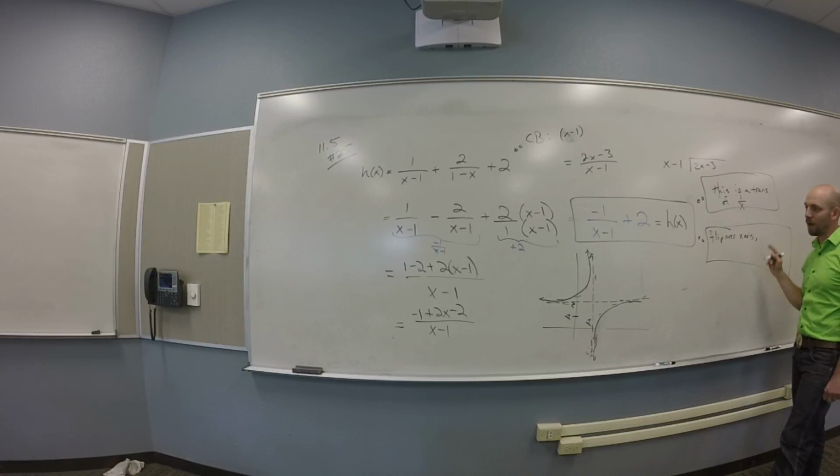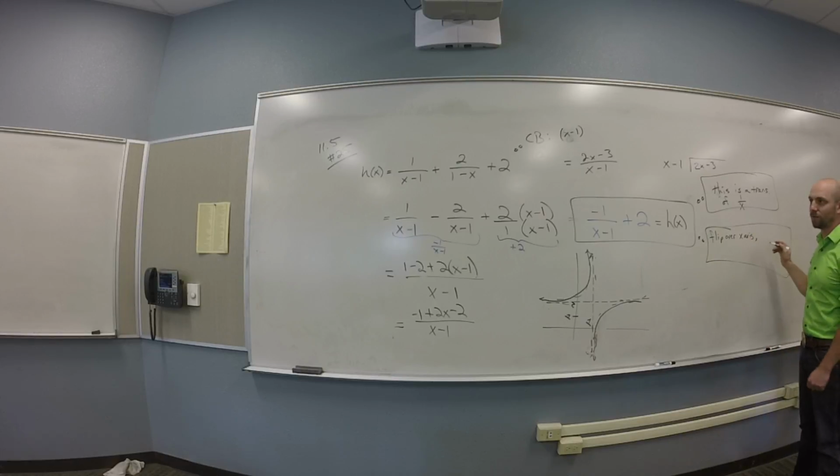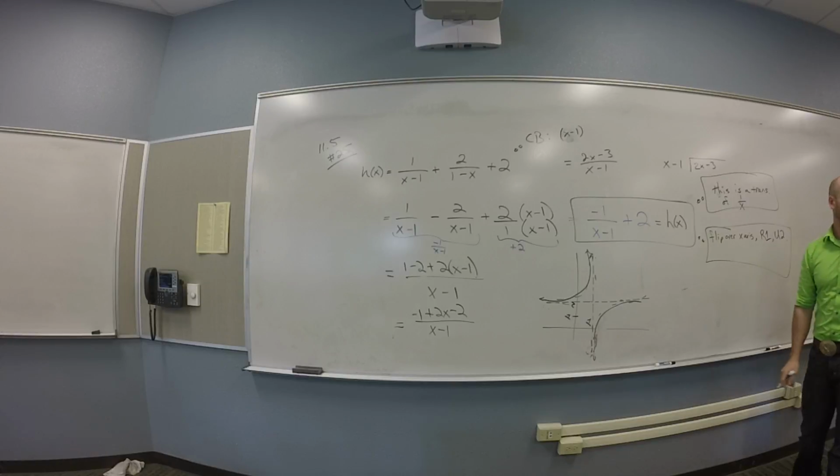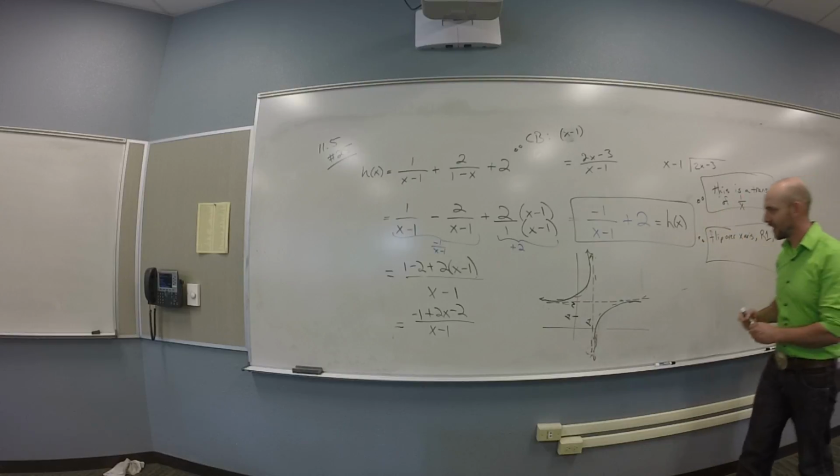So it's a flip over the x-axis, and then it's a shift right 1 and up 2. Exactly. Cool? Questions? So the right answer is these 3 things and also this picture.